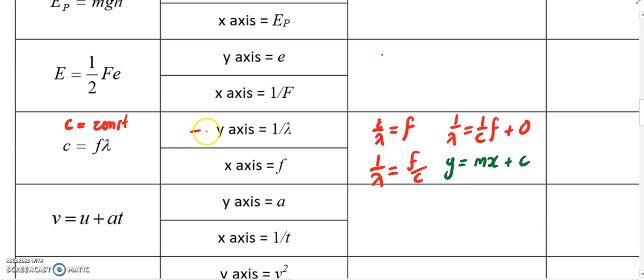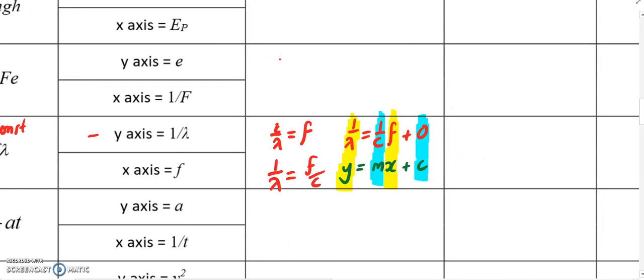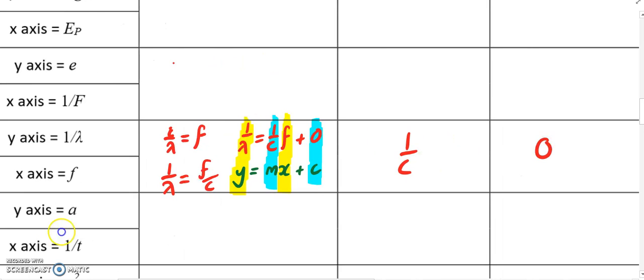We're putting 1 over lambda on the y-axis, and we're plotting the frequency on the x-axis. The gradient therefore is 1 upon c, and the intercept is 0. Now, this c is the intercept in y equals mx plus c. This c is the speed of light, so do be careful. So our answer then is 1 over c and 0.